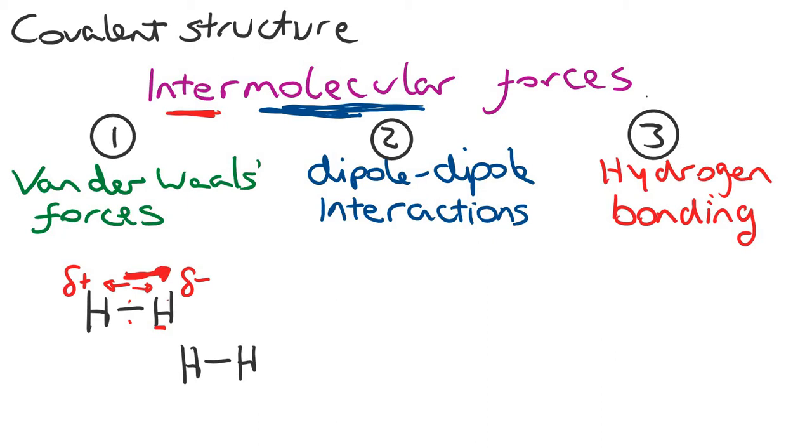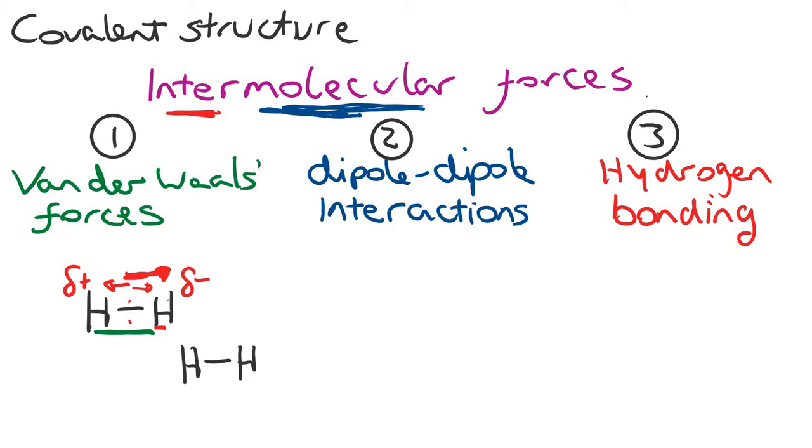As this specific hydrogen molecule, H2, comes closer to another molecule, that partially negative hydrogen atom, or that side of the molecule, will induce a dipole in a neighboring molecule.